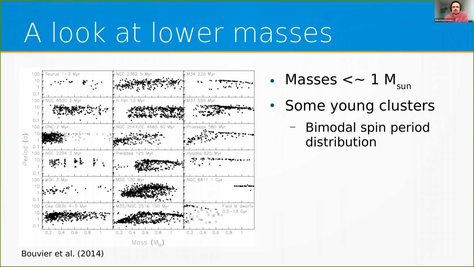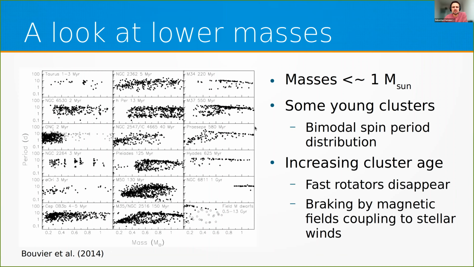And then what you also observe is that if you increase in cluster age, then the low period fast spinning stars seem to disappear, which again can be explained by this braking of the star by its magnetic field coupling to the stellar wind.